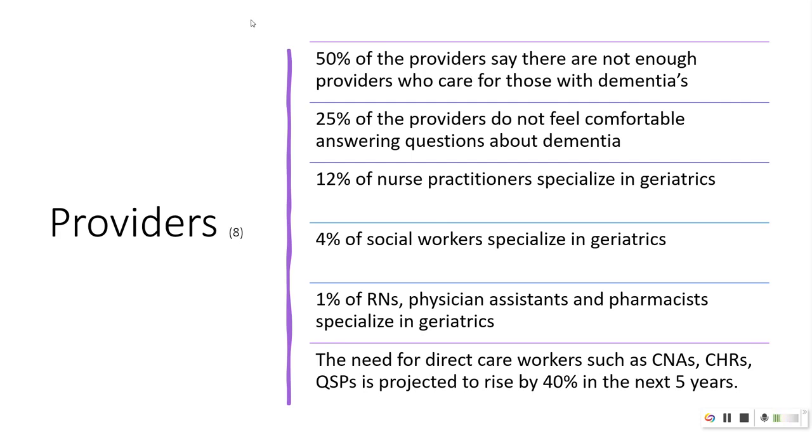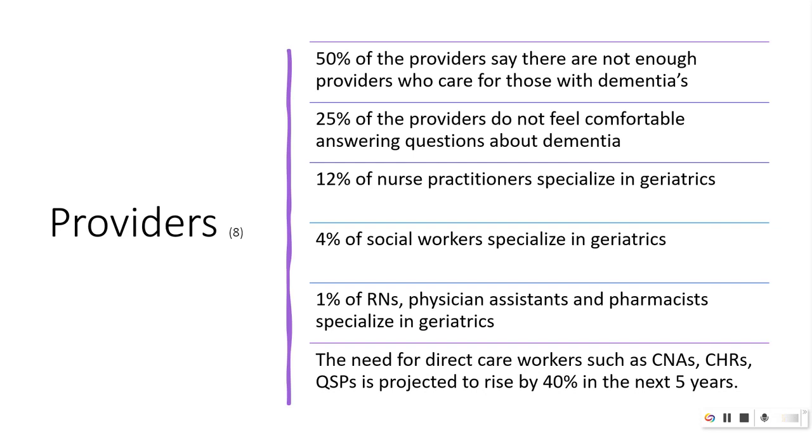So just a little bit about the providers. It is kind of interesting that 50% of providers say that there's not enough providers who care for those with dementias. So even the providers themselves do not feel that there's enough of them to take care of the elderly in general, but especially those people who have dementia.